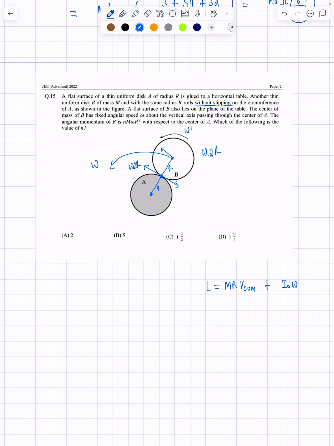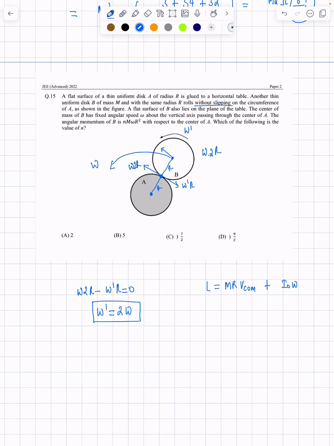So this will be omega prime times the distance of this point from its own axis, which is r. The net velocity has to be zero, so omega 2r minus omega prime r is 0. So that tells us disk B is rotating around its own axis with angular velocity 2 omega. And after that it's straightforward.